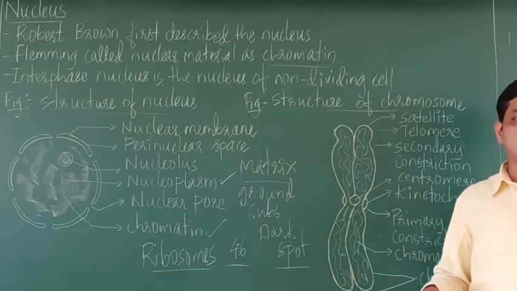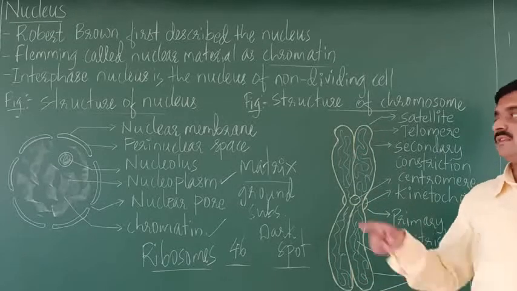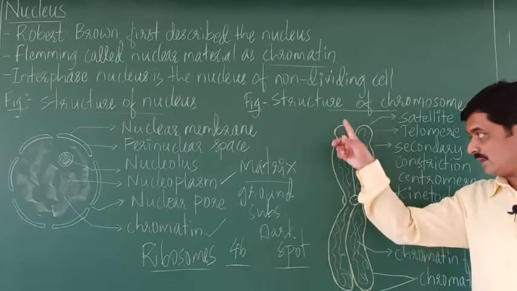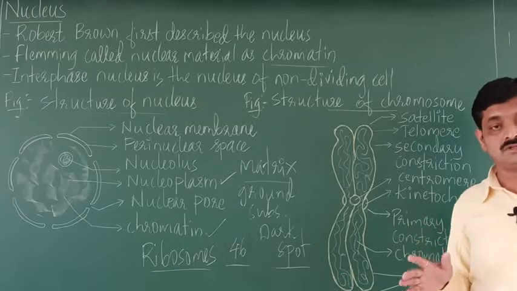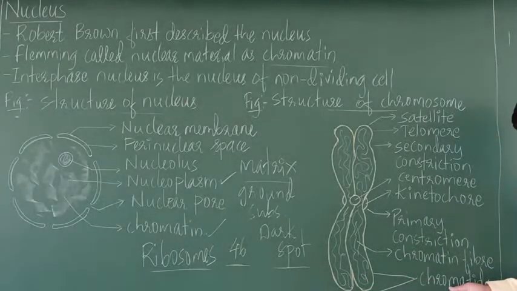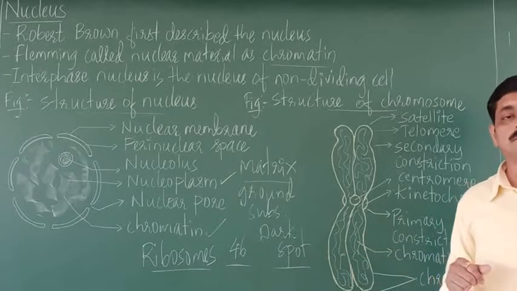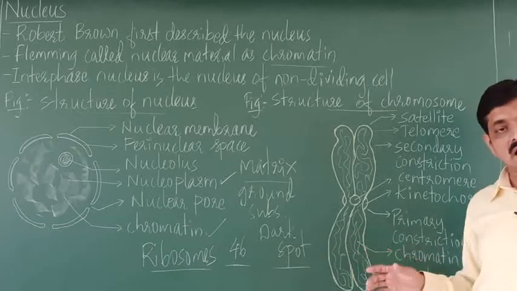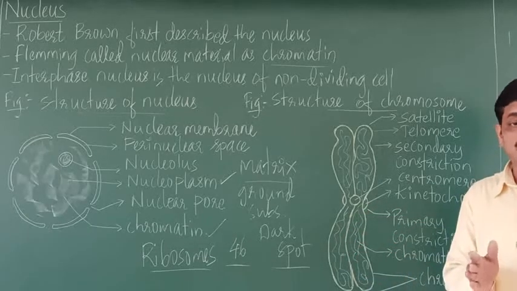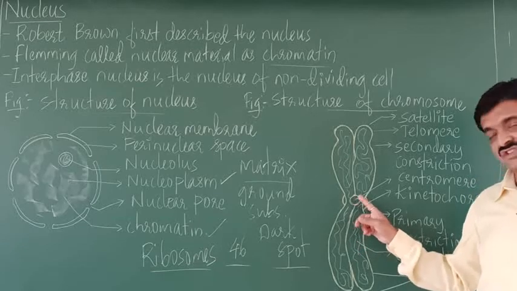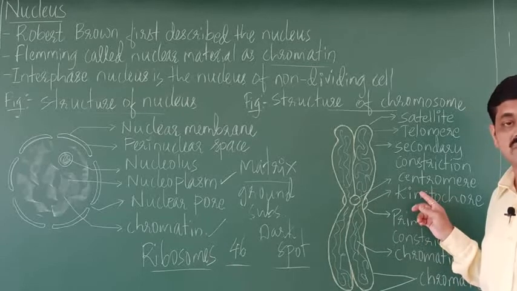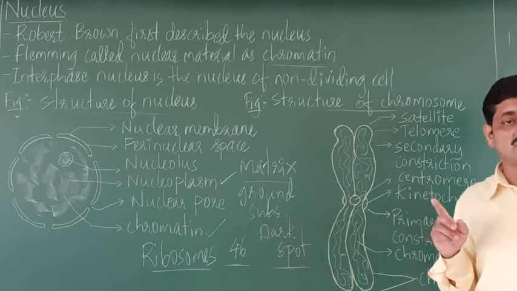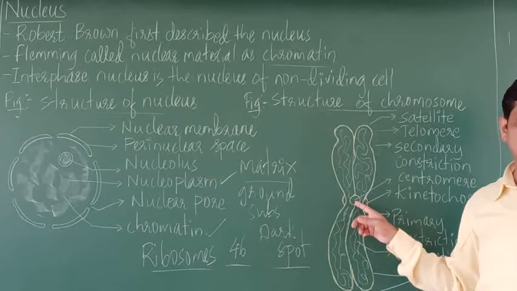Chromatids are elongated rod-shaped structures. There are a pair of chromatids in a chromosome. Both the chromatids are held or attached at a point, and it is called the centromere. So the centromere is the point of attachment of 2 chromatids.